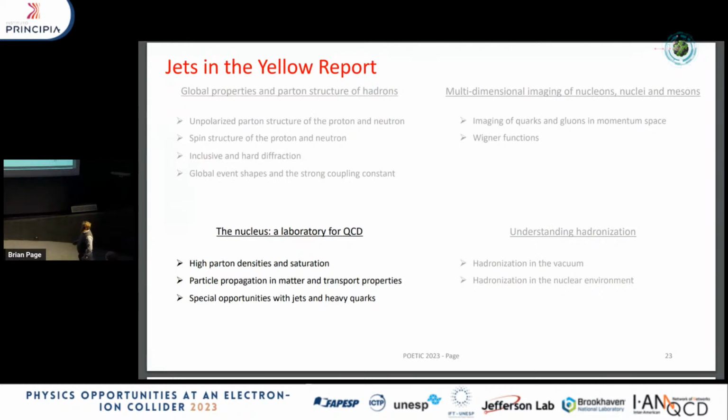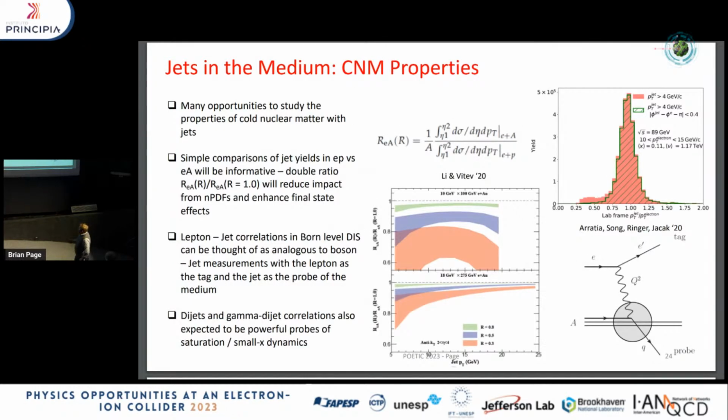So looking at the nucleus as a laboratory for QCD. Here we're talking about things like basically the bulk properties of cold nuclear matter, and using the jets as a probe to explore that state. So again, coming back to these lepton-jet correlations, you can think about a series of measurements that I think were referred to as tag and probe.